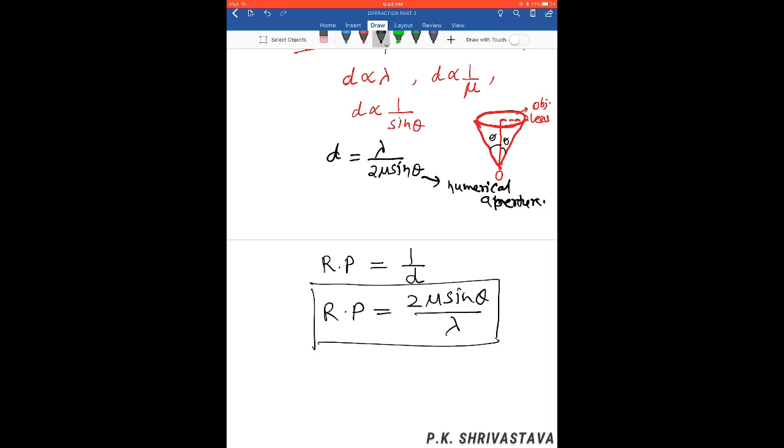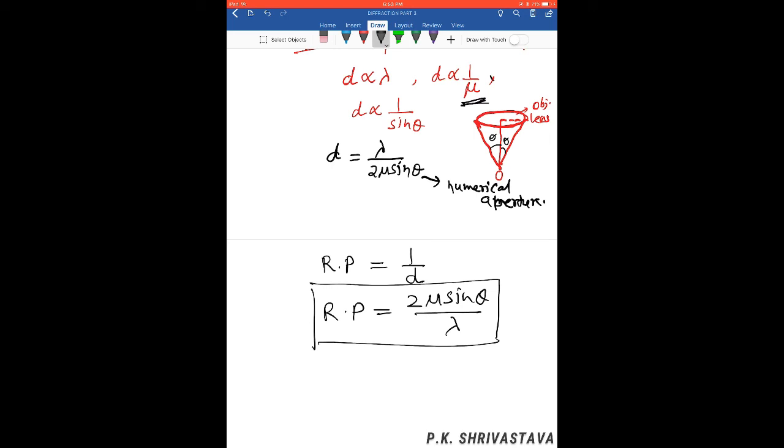We cannot increase theta because it will increase the diameter of objective lens of microscope. So this is not convenient.